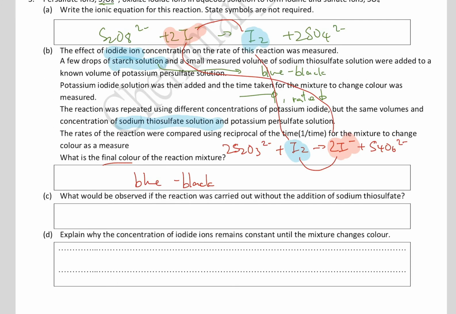Then maybe some of you will think about why the reaction will stop and why there's a color change. Why not just keep on repeating the change, I minus to I2? The main reason is maybe these two can be formed as a cycle, but not these two, because the thiosulfate or persulfate amounts must be limited.